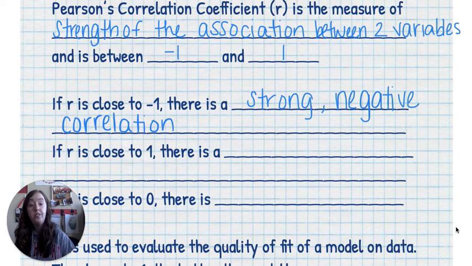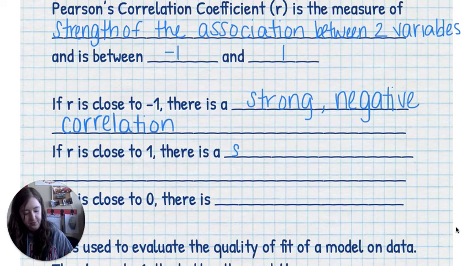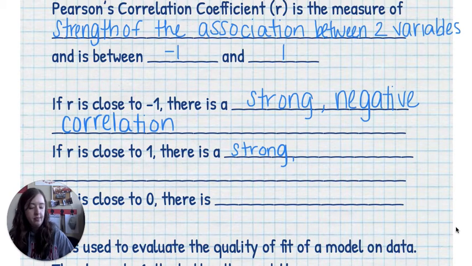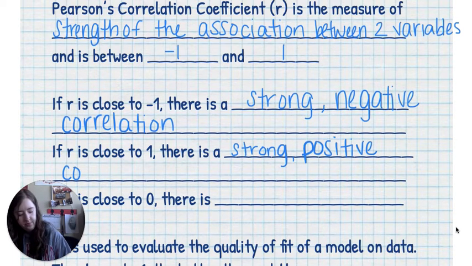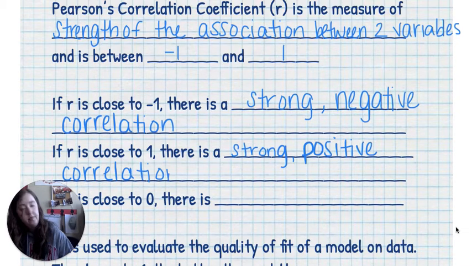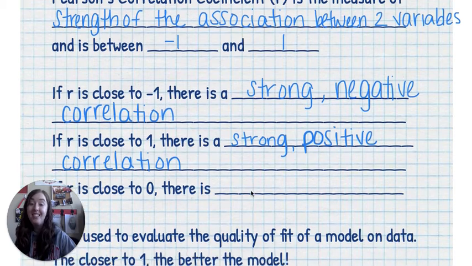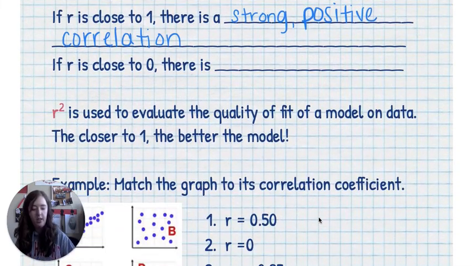If R is close to 1, then there is a strong positive correlation. If R is close to 0, then there is no correlation.